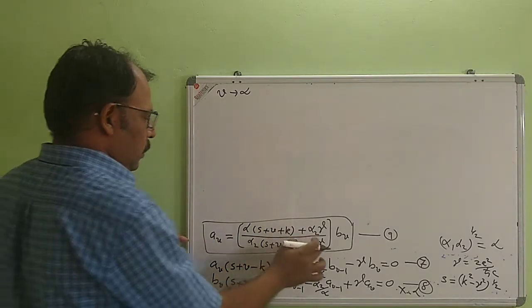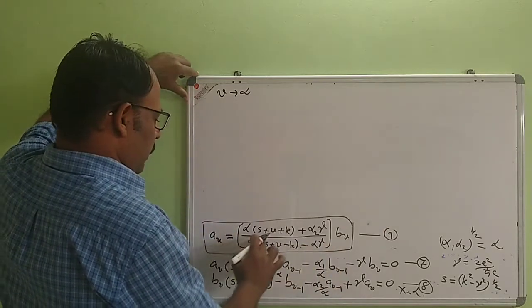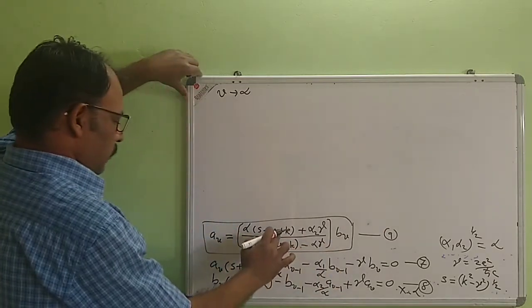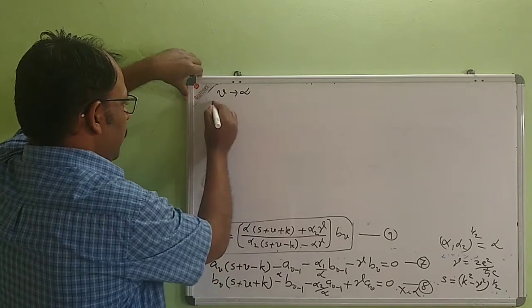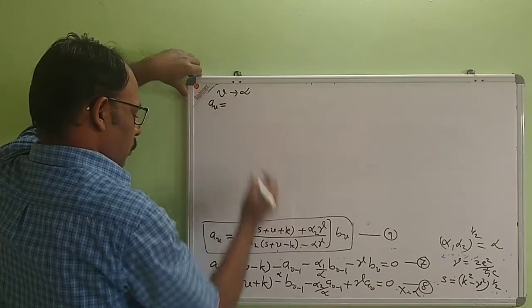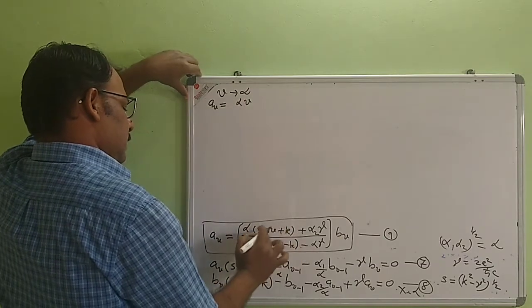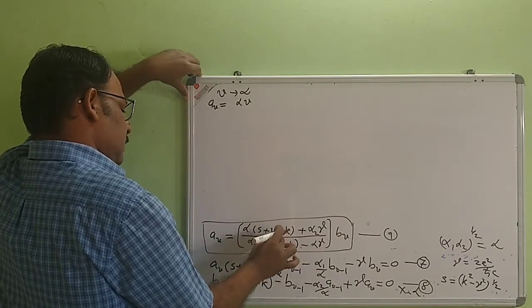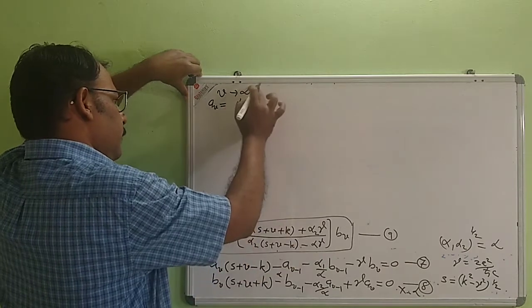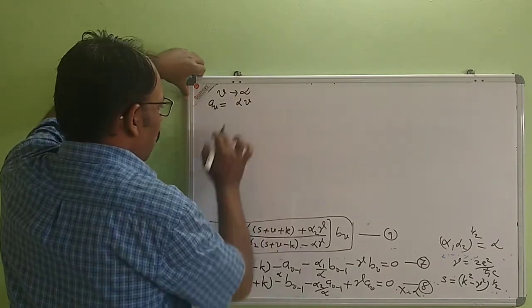So this equation becomes AV equal to alpha V plus S plus K. This S plus K is very less in comparison to V. So when V tends to infinity, we can neglect all other terms.